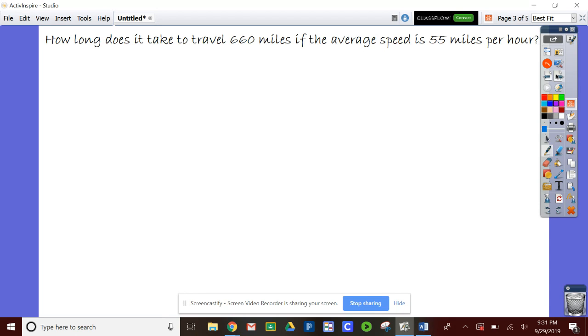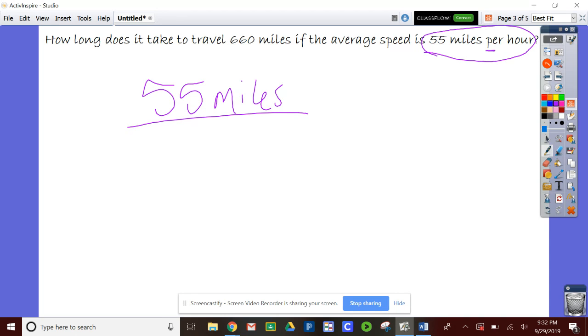Next one. How long does it take to travel 660 miles if the average speed is 55 miles per hour? So this is just like the first problem you had, where you have to take 55 miles per hour and set it up as your fraction. Well, again, that's your unit rate because you're using the word per, and we know per means 1.